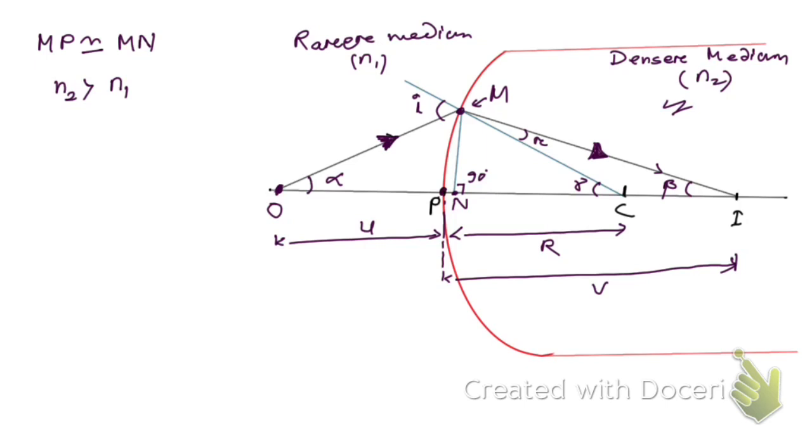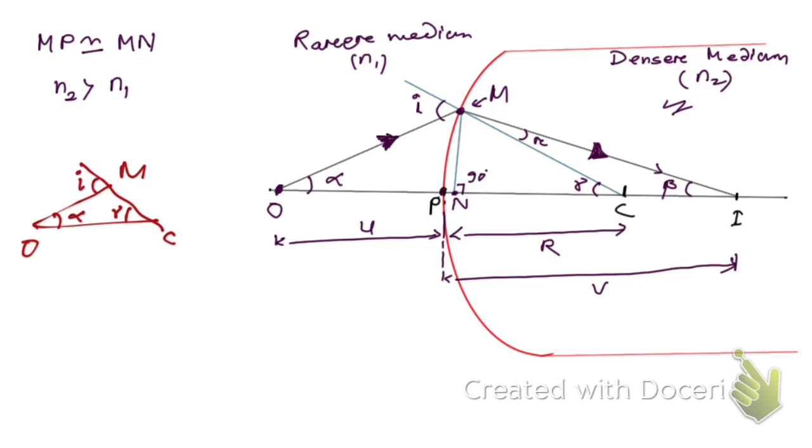Now let us take this triangle OMC from this triangle. Hope you can see it clearly. Let me draw it here. Here is gamma and this is alpha, and this angle is I, the angle of incidence.